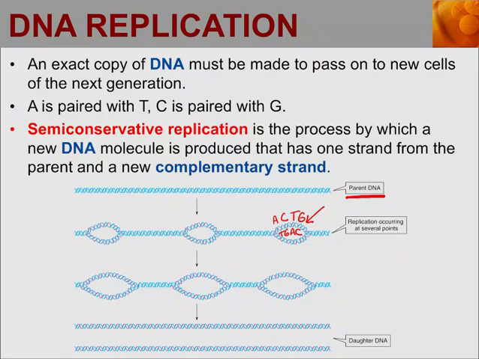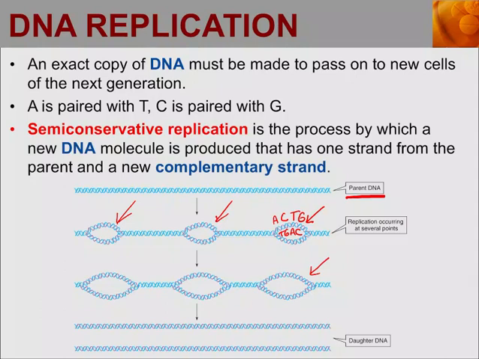You can do this at multiple points along a DNA molecule, so you could have replication occurring at multiple points. That continues until eventually we create a whole new copy of our DNA.